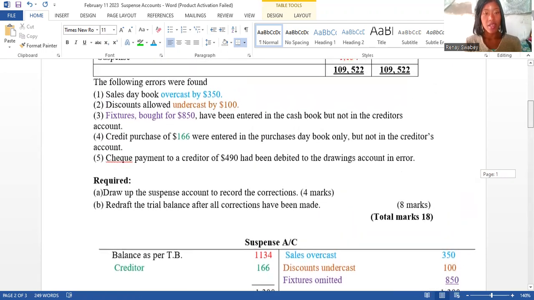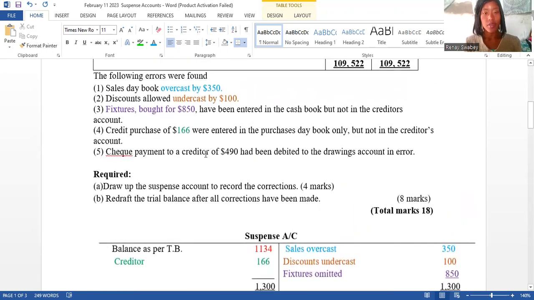The error was that a credit purchase of $166 was made but incorrectly entered in the purchases day book, instead of in the creditor's account. So we will now have to put it back in the creditor's account. That's $166. We have another adjustment here. A check payment to a creditor of $490 had been debited to the drawings account in error.